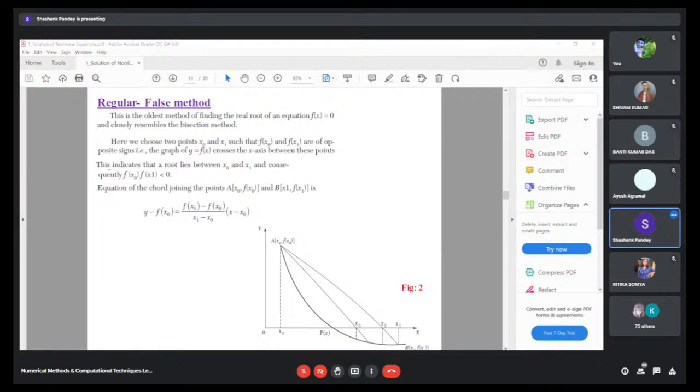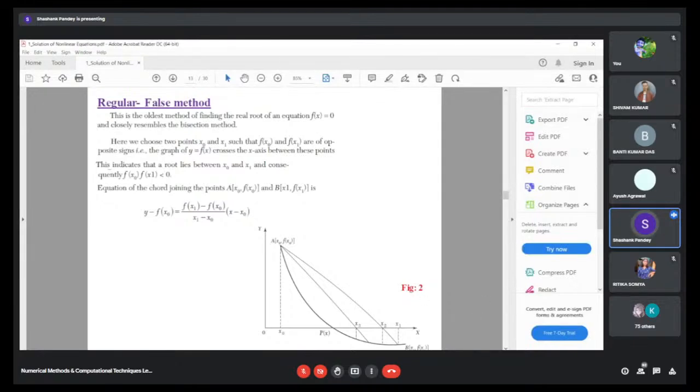We can write the equation of a straight line joining these points, and if you substitute y equal to 0 in this equation, we can get the value of x2 in terms of the known parameters, that is x0, x1, f(x1) and f(x0).